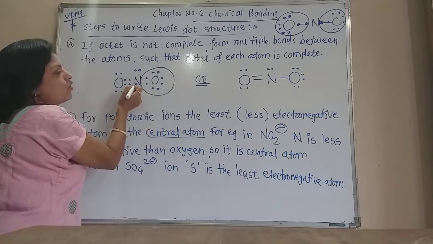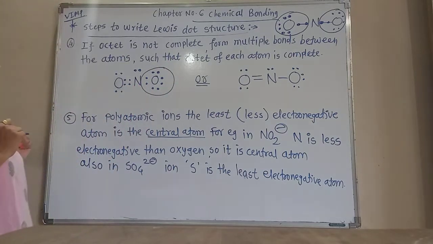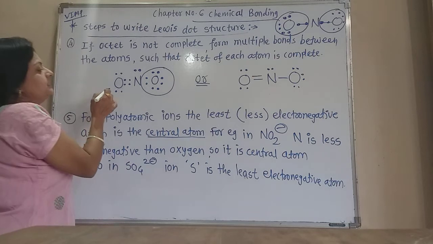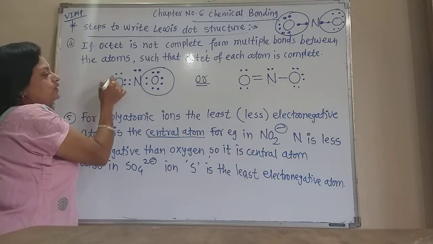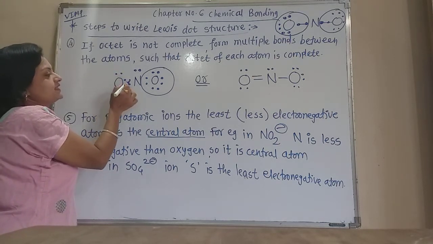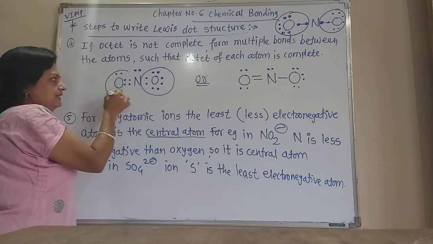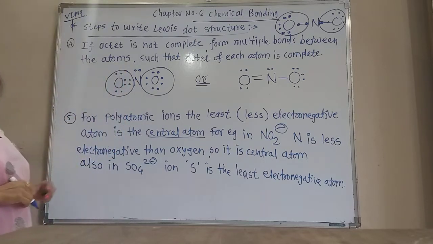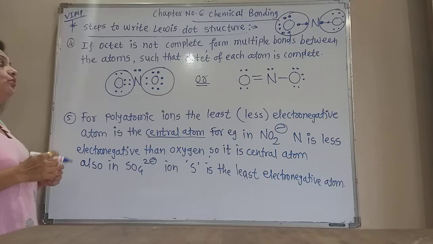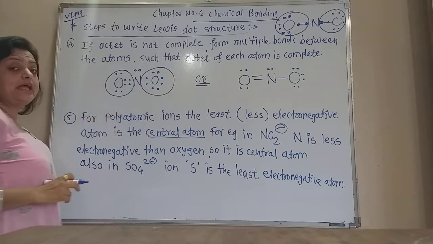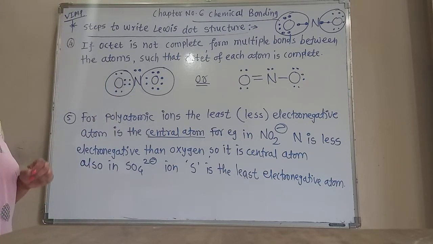Here is the single bond between nitrogen and oxygen, and this oxygen also completed its octet. See here, 1 2 3 4 5 6, and these 2 electrons, that is 8 electrons of oxygen are already completed.